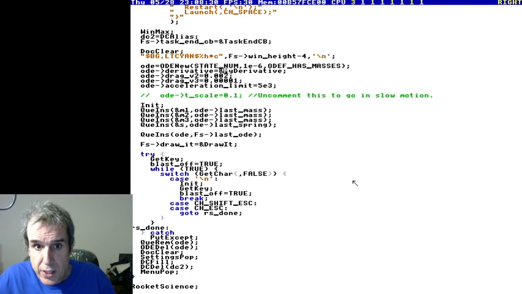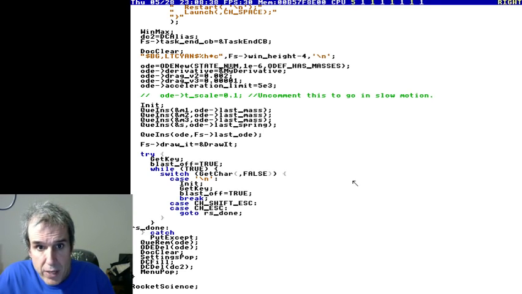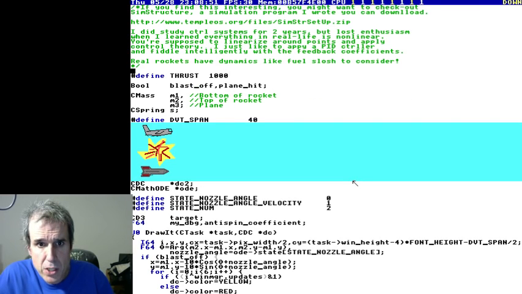In Holy C, you have to put an address before a function pointer. Anyway, state num. Okay, well we have 3. Oh, I'm sorry. I think it manages the masses by itself. You don't have to count the number of states. State num 2. Oh, okay.